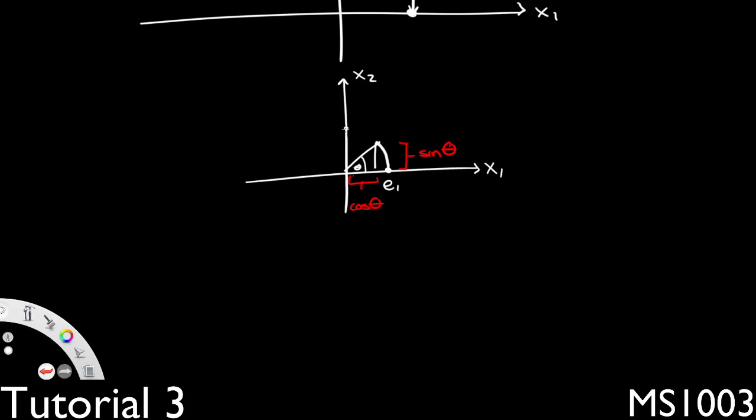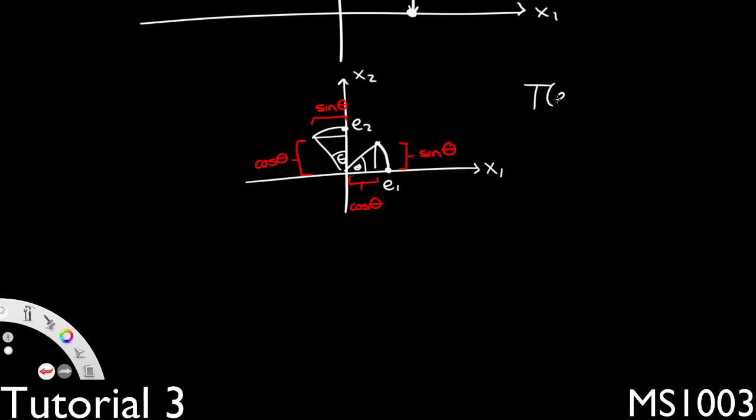And then if you think about what it does to E2, rotate it this way by theta, then you know that this length here is going to be sine, and you know the height here is going to be cosine. So what you need to do is look at what the rotation does to basis vectors E1 and E2.